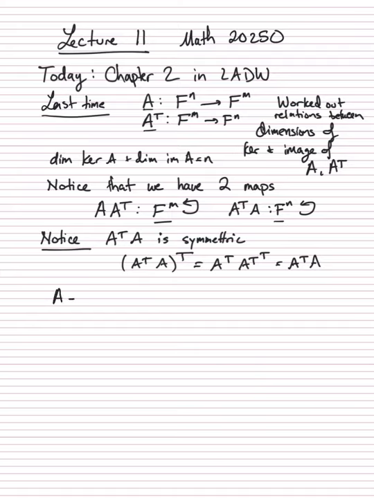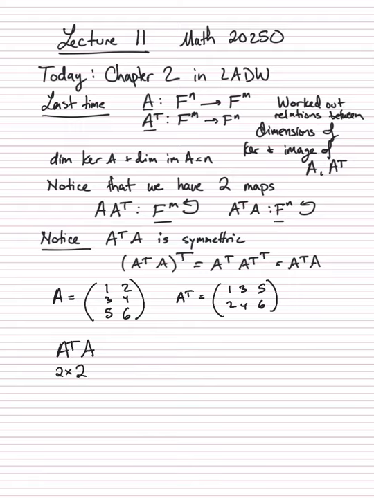So A is going to be 1, 2, 3, 4, 5, 6, and A transpose then is 1, 3, 5, 2, 4, 6. I'm just going to do A transpose A, since that's a 2 by 2 matrix. Write it out: 1, 3, 5, 2, 4, 6.